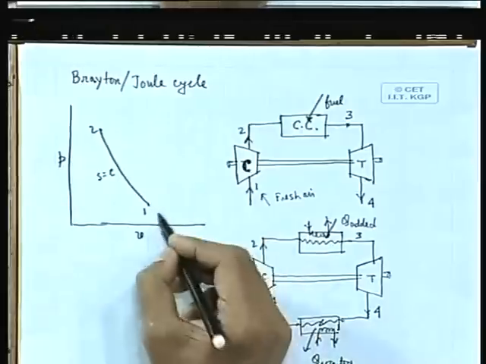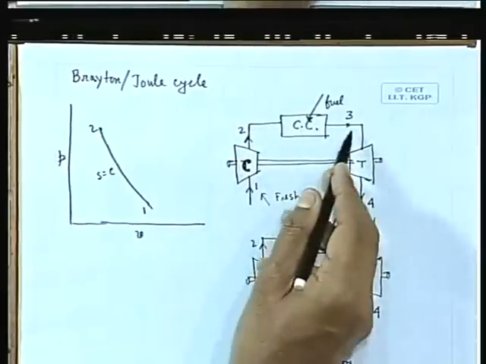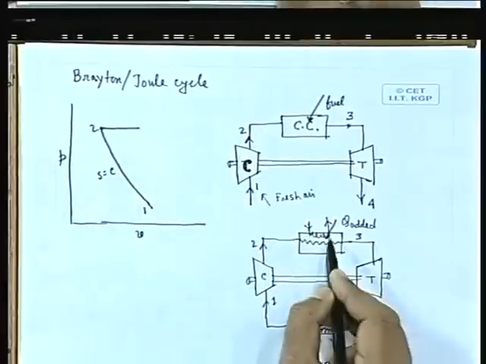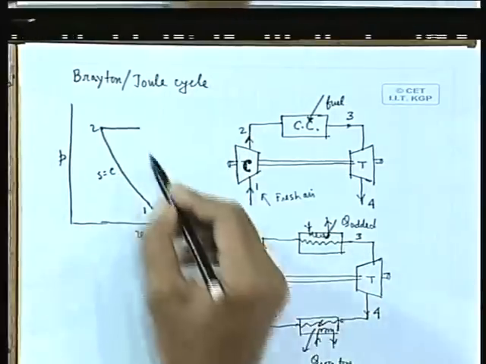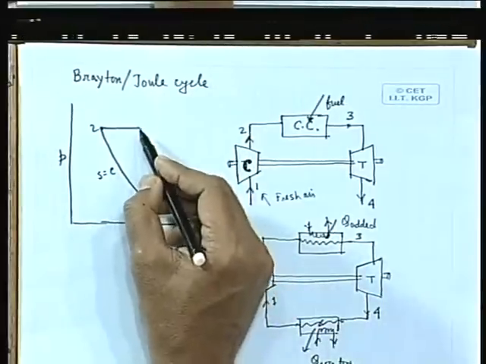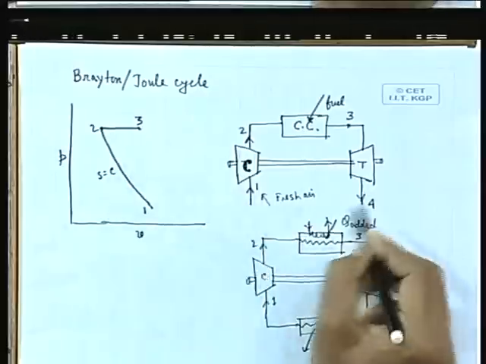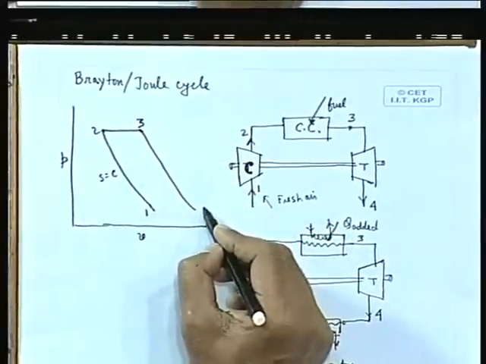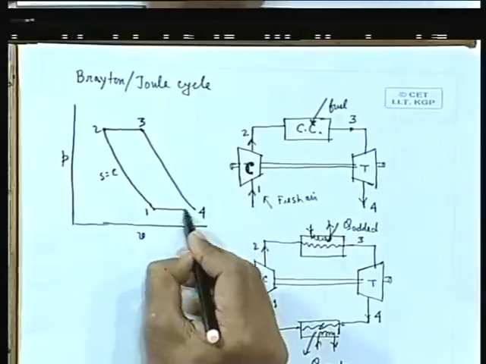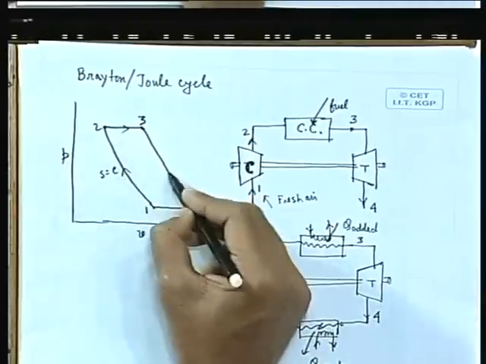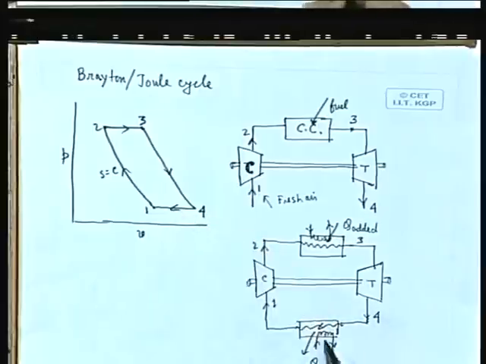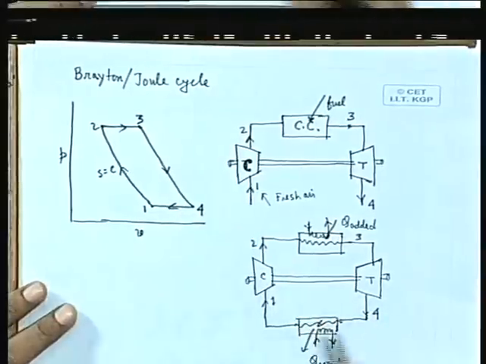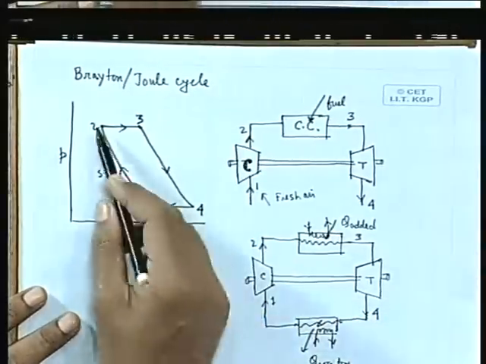Then 2 to 3 is a constant pressure process where heat is added. Then 3 to 4 is again an isentropic expansion, and 4 to 1 is again a constant pressure heat rejection, which in a closed cycle gas turbine resembles the actual process. So, these are the ideal processes.